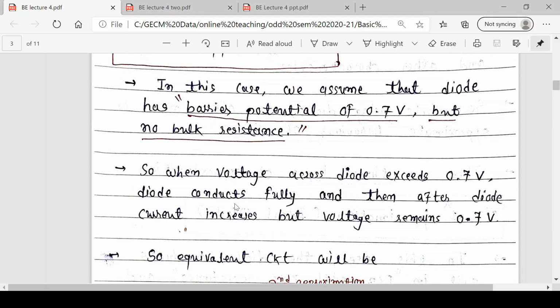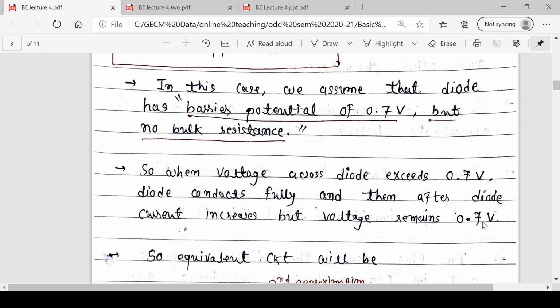So how will your diode behave? If your input diode voltage is greater than 0.7 volt, the diode will be forward biased and conducts fully with maximum current. But there is no bulk resistance, so there will be no extra drop across the diode. After that the diode current increases but the voltage remains 0.7.